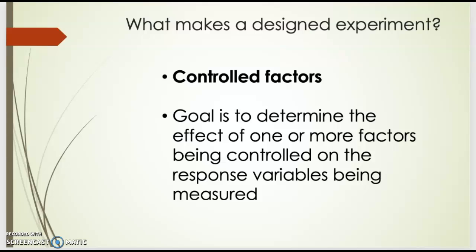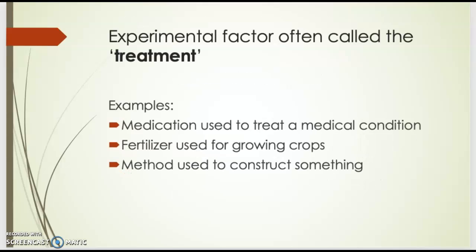Now, let's talk about some examples because I think that helps to solidify what this all means. An experimental factor is often called the treatment, so those are sometimes interchangeable. Think about all of the medication commercials that you see or hear when you're listening to the radio.